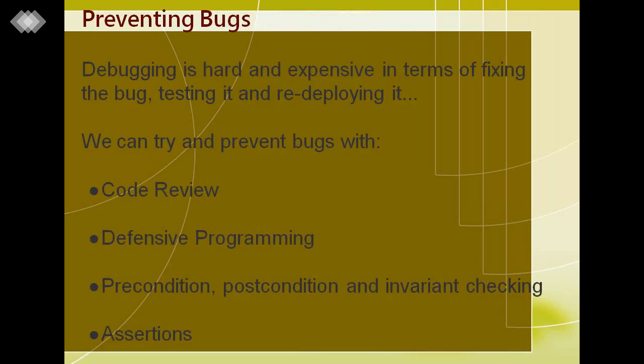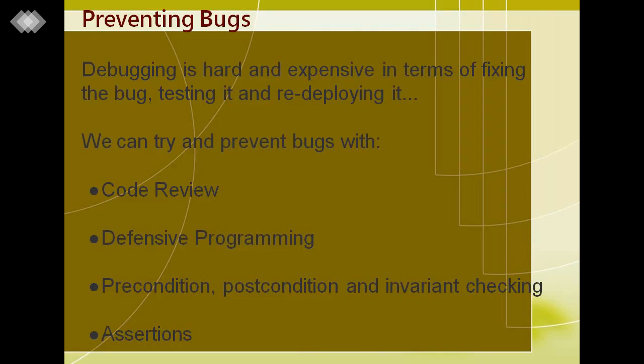Now, preventing bugs. Debugging is hard and expensive in terms of fixing the bug, testing it and redeploying it. So we can try to prevent bugs with code review, defensive programming, precondition, postcondition and invariant checking assertions.